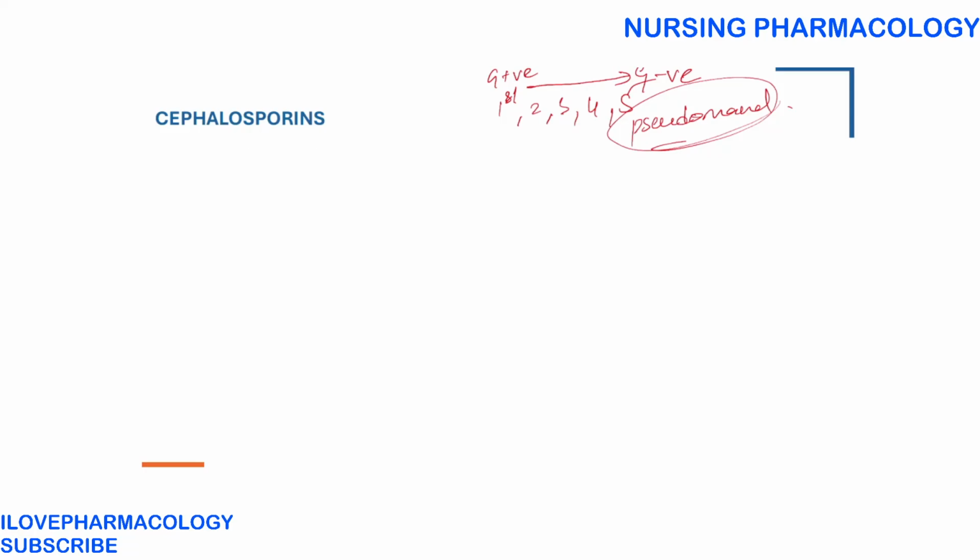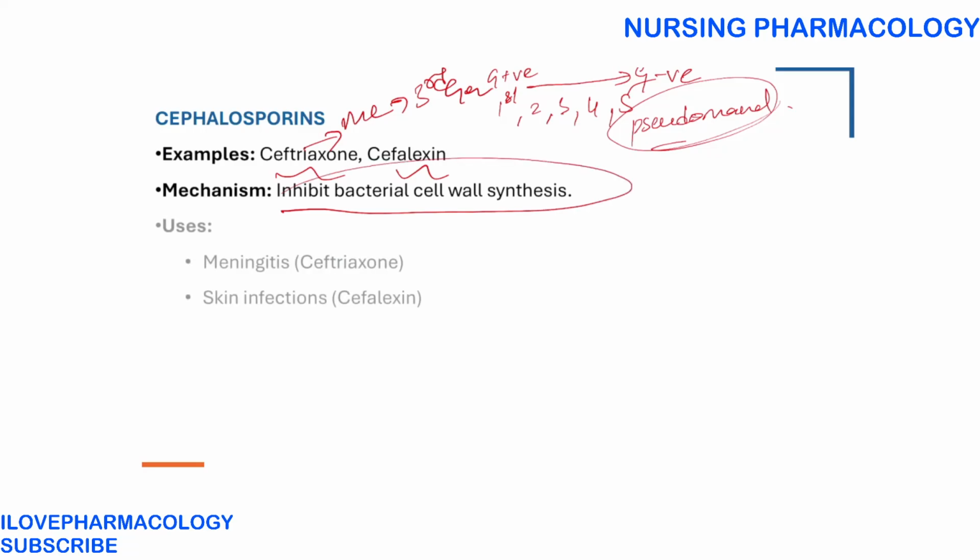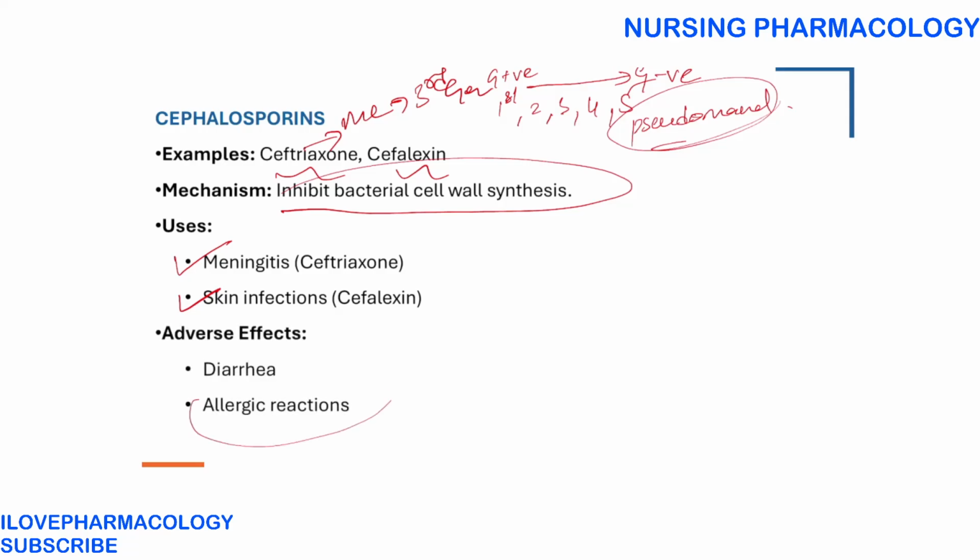So we have ceftriaxone and cefalexin. Ceftriaxone is the most commonly used drug, and it is a third generation cephalosporin. Basically they inhibit the bacterial cell wall synthesis. Used for treatment of bacterial meningitis as well as skin and soft tissue infections. Usually it causes again allergic reaction, hypersensitivity reaction, and also diarrhea.